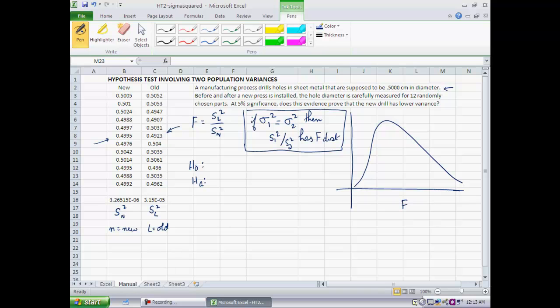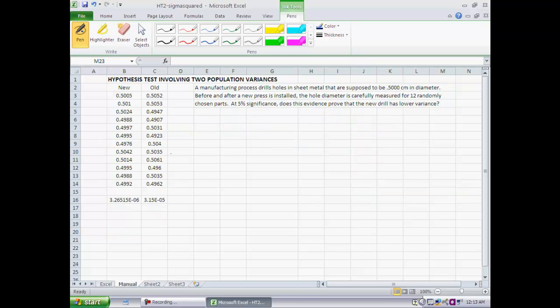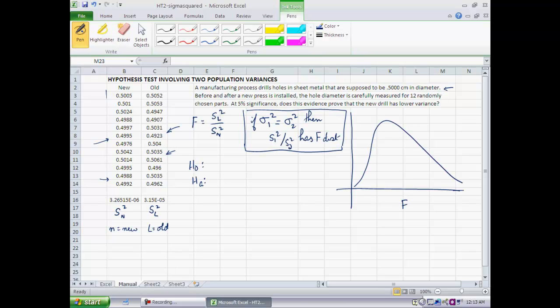So for the 12 parts with the new press, the hole diameters are given here, and for the old machine, so the first column is with the new press, and the second column is the 12 part measurements for the old press. And we want to check at 5% significance, does this evidence prove that the new drill has lower variance?